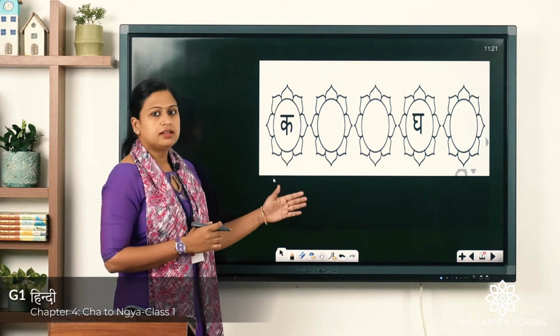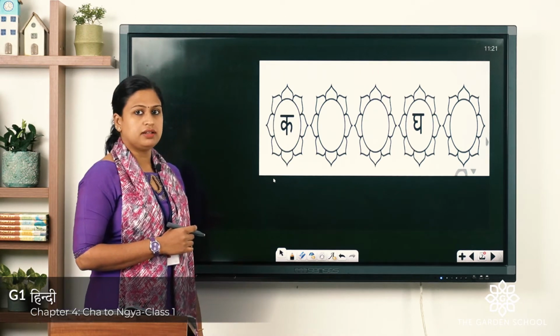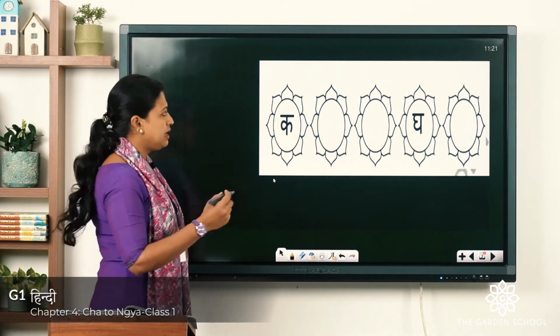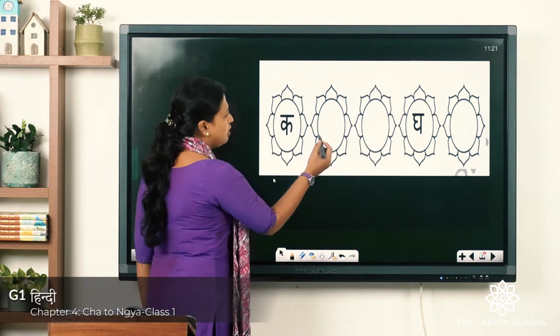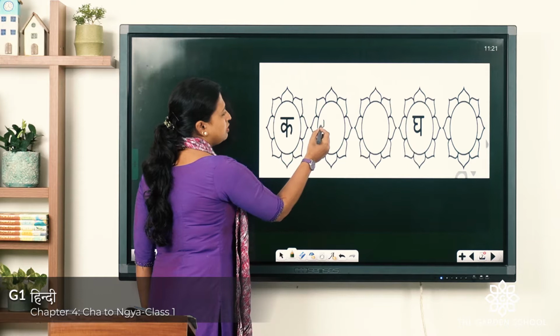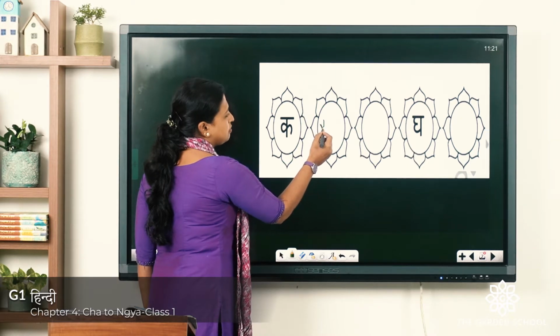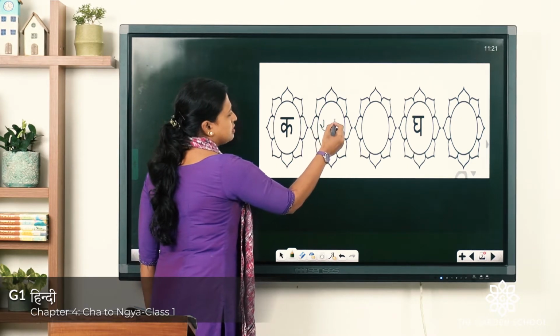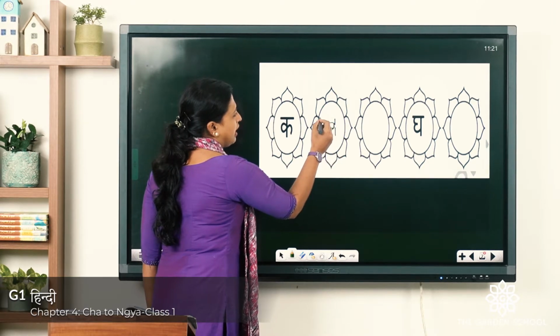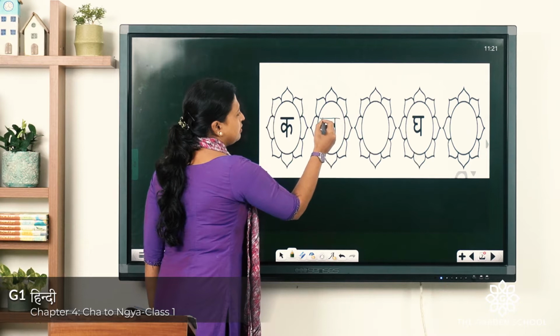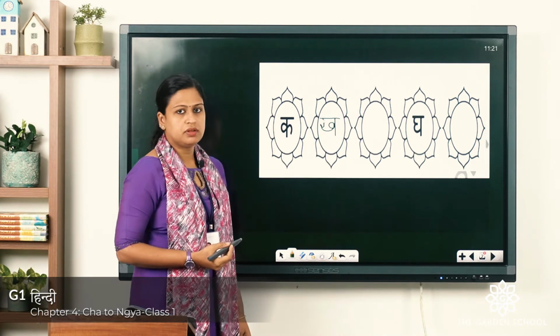Now, let's write the second consonant, that is the second Vyanjan letter. So, what you have to do? First, write small j and a smiley curve, a straight line, the circle and sleeping line on the top.